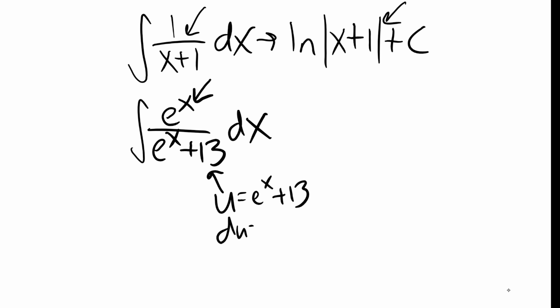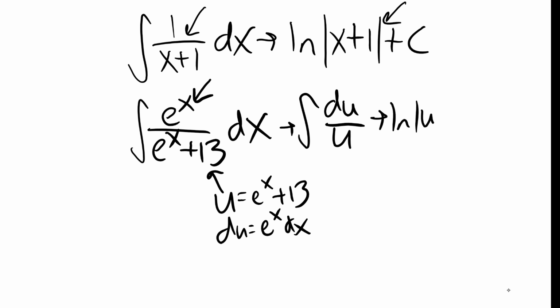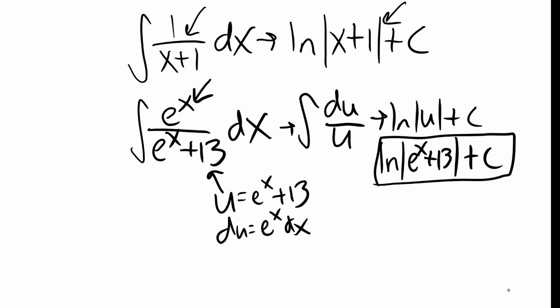Then our du is just e to the x dx, which is exactly my top, and I can rewrite this as du over u, which integrates to natural log of the absolute value of u plus c. And then we just chuck a u back in there, natural log of the absolute value of e to the x plus 13 plus c. And that is how we integrated to natural logs.